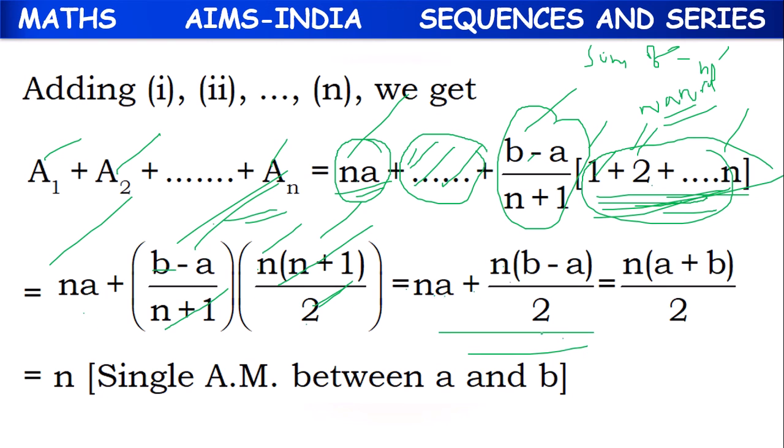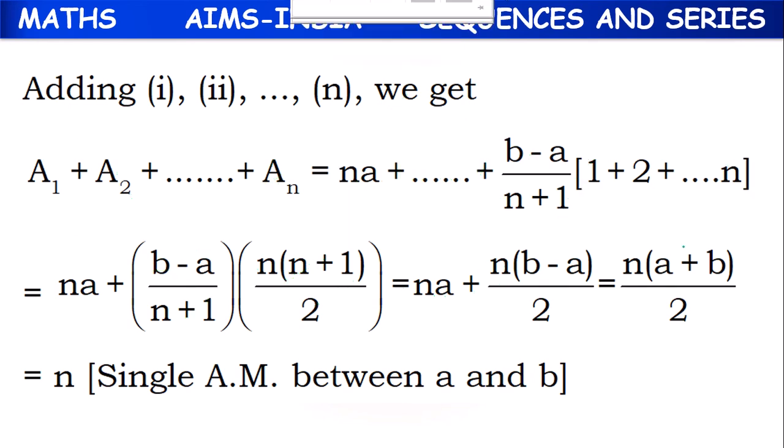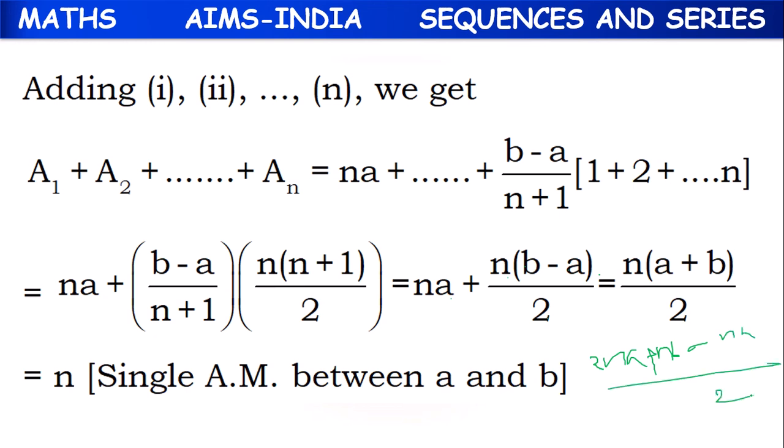Or if you multiply, this 2 will go here, 2 into NA, 2NA plus nb minus na, by 2.